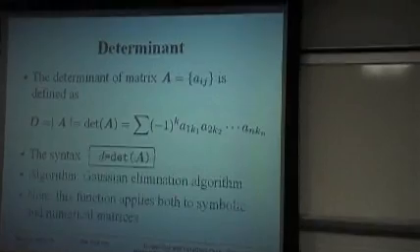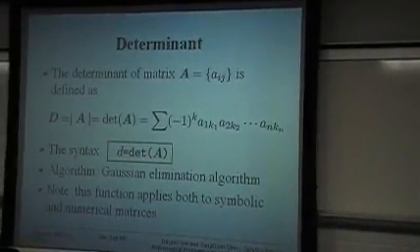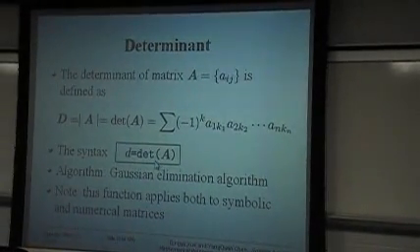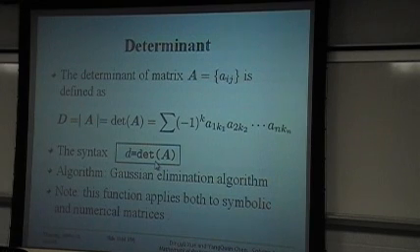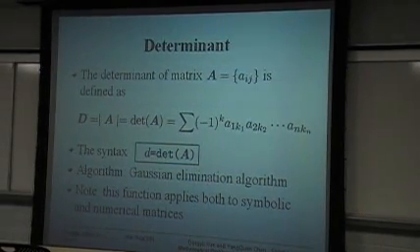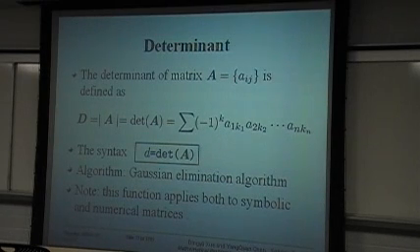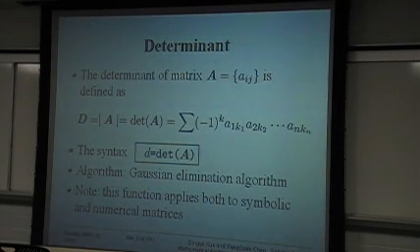And in Matlab, what we need to do is to give a command like this. I will use det for determinant. If you already have a matrix, we can find the determinant of the matrix immediately. If A is a double precision matrix, then we use the double precision algorithm to find the determinant.